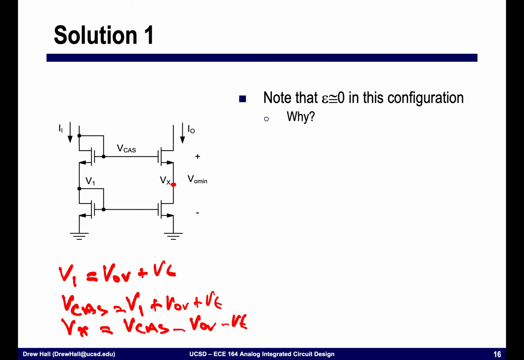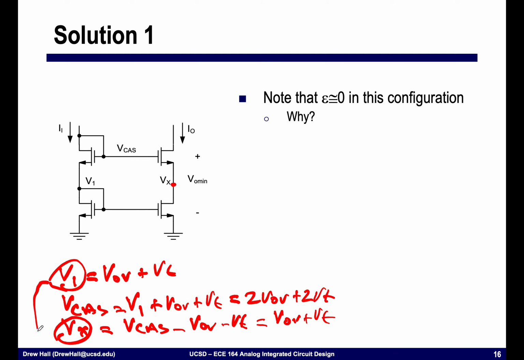And so if I simplify this a little bit, I will get that this is equal to 2 VOV plus 2 VT, and I'm subtracting off a VOV minus VT, so this is equal to 1 VOV plus VT, whereas now you see that V1 and Vx, these two voltages, are exactly the same, okay? And so what that says is that this error term, the delta VDS, is indeed equal to 0.